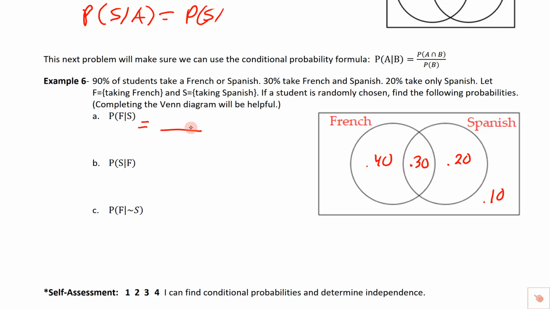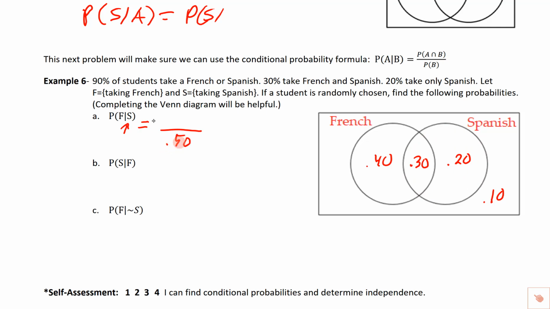Then you gotta take the total of all the French students, because we're asking out of all the French students, how many of them are also taking Spanish? It's not 3. Okay, this is the probability of French given that they're taking Spanish. So the Spanish is going to shrink the sample space from 100% down to just Spanish, which is 50%. So this is going to be 0.50 here.